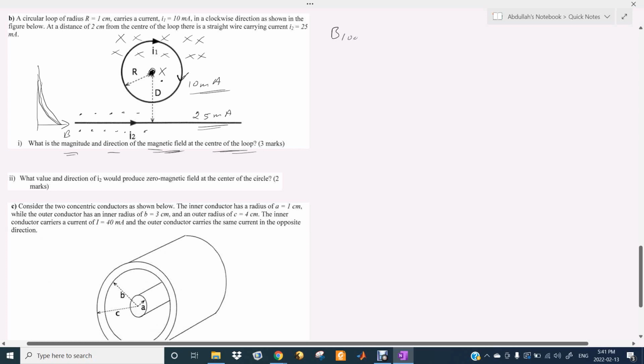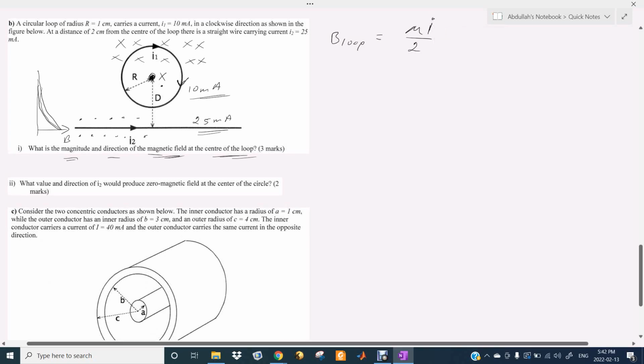And the magnitude for the loop of current, as discussed in the class, is given by B loop equals mu I1 divided by 2R, where I1 is 10 milliampere. R is the radius, the distance from the loop current, which is equal to 1 centimeter. Do convert this into meter once you plug in the values. So this is the magnetic field intensity for the loop.